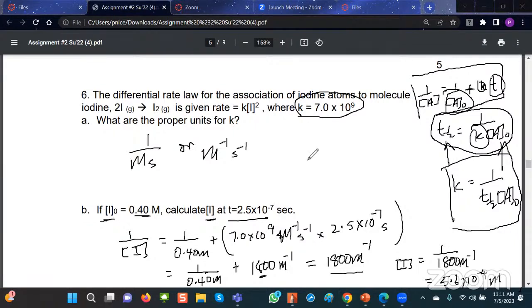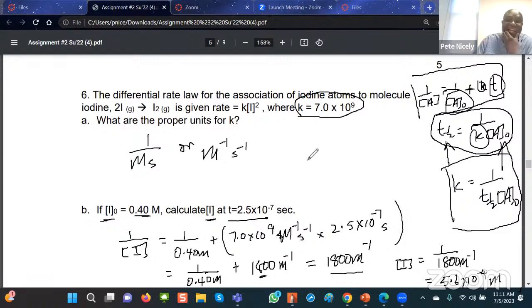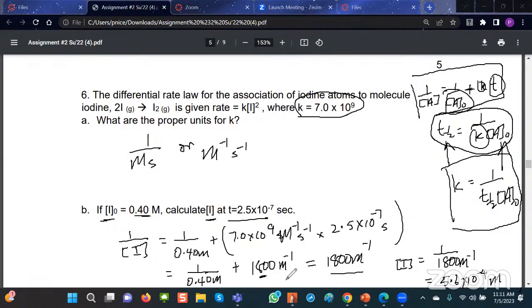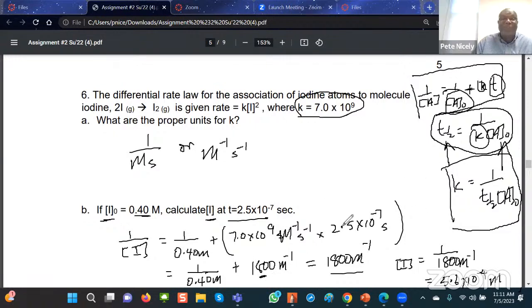When you're doing the math, like when you do the 1 over 1800 M to the minus 1, do you include the minus 1 in your calculation? You mean the M to the minus 1? Well, that won't be part of the calculation. It's kind of like part of the setup, given for the unit. Exactly. But of course, you recognize where we get this from.